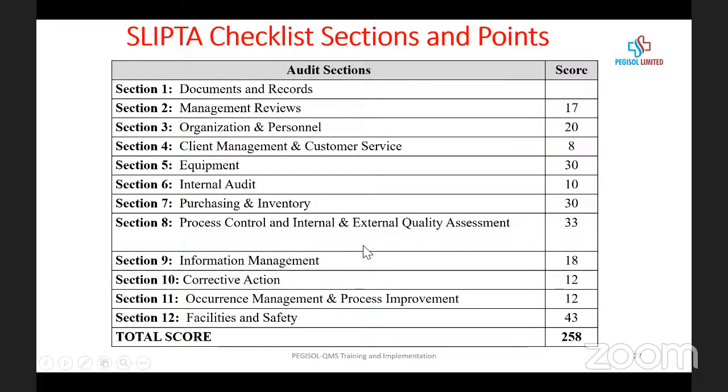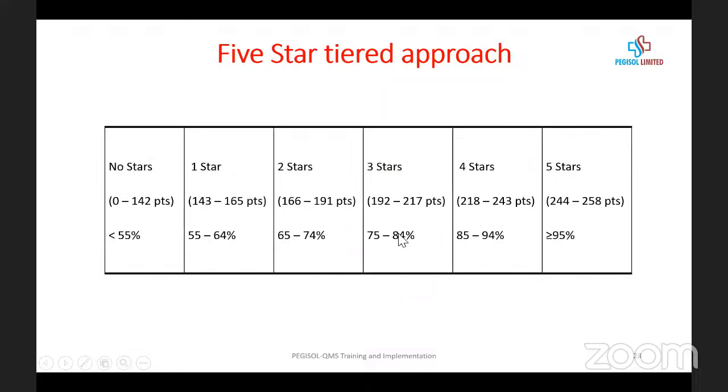This is one of the most common that we use. So see, these are the scores. For facility and safety, you can score a maximum of 43 points, and the rest. The total score is 258. According to the SLIPTA audit checklist, this is what we call the 5-star tiered approach.